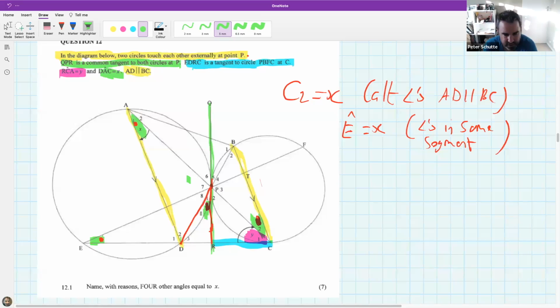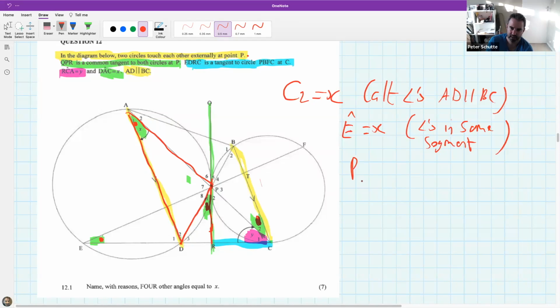What's that theorem called? It's called the tan chord theorem, yes.